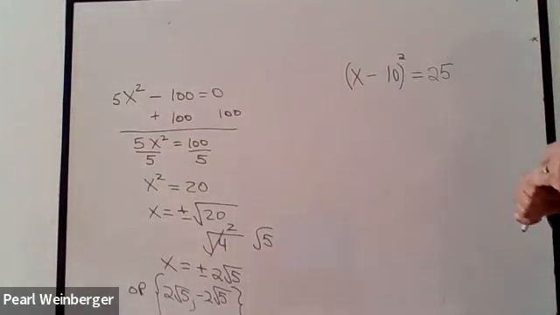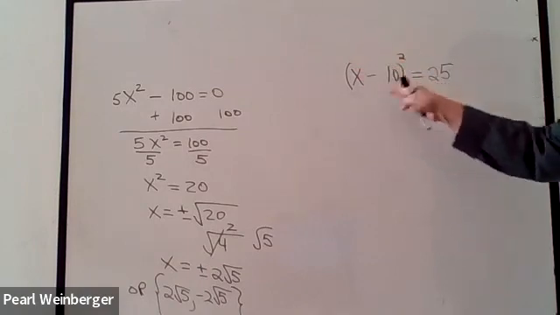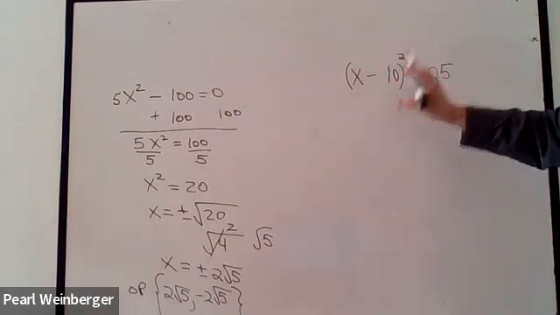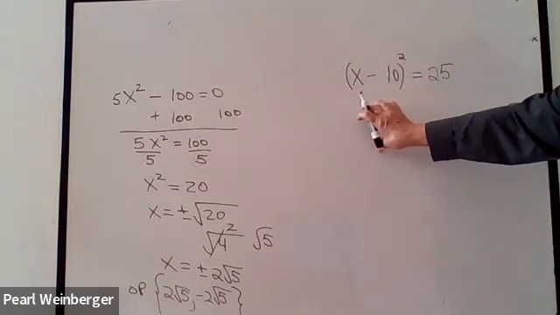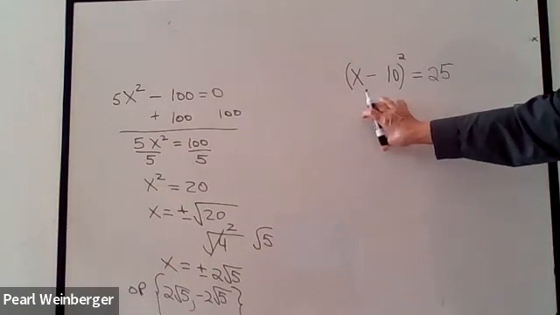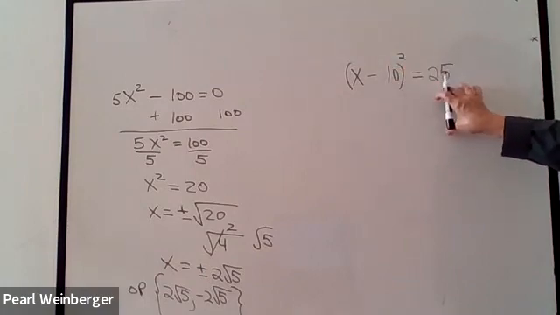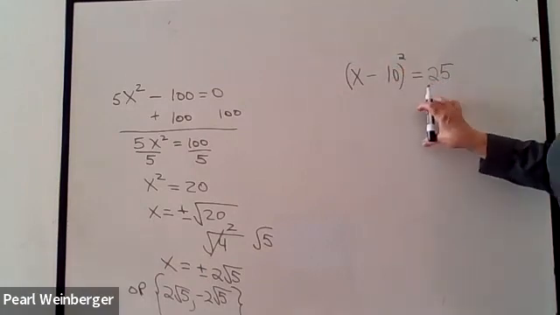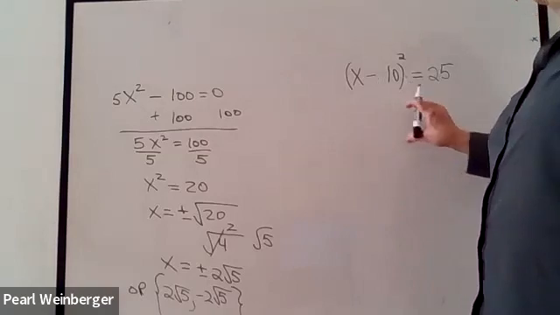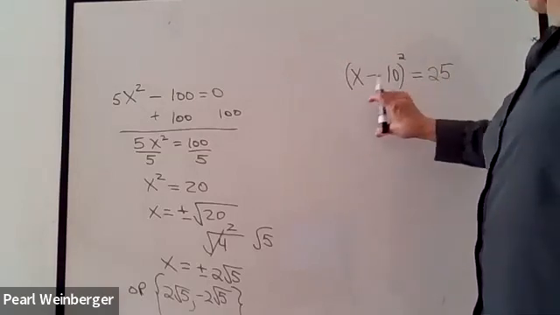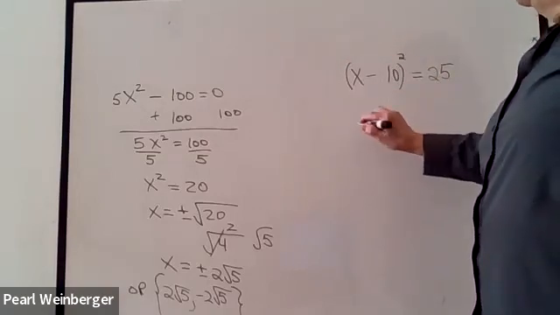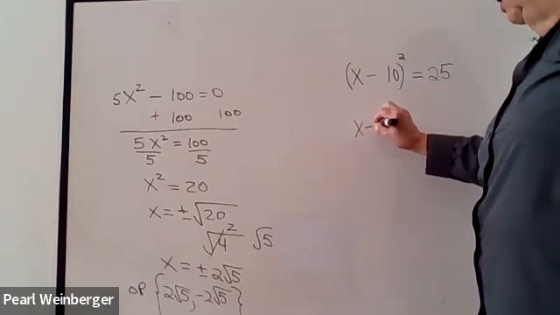This is not just an x squared, it's a whole binomial squared. But actually, we can use the square root method on this as well, because what we have here is something squared equaling a number. So our next step is to take the square root of this, which is just going to be x minus 10.